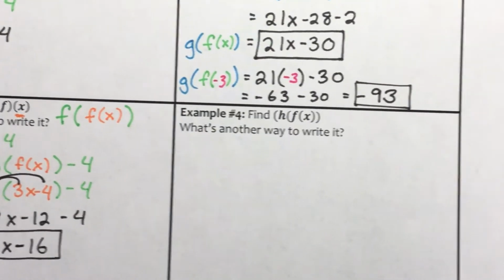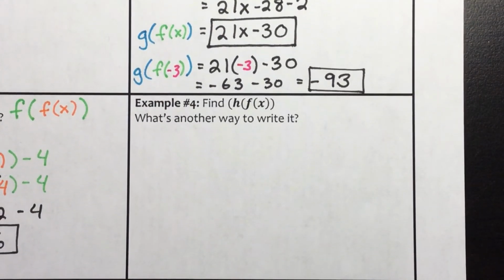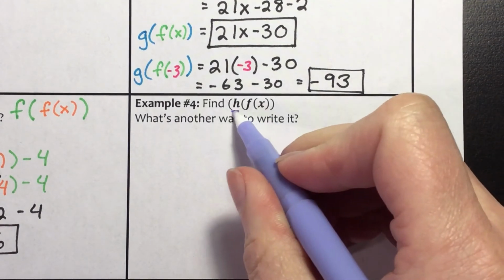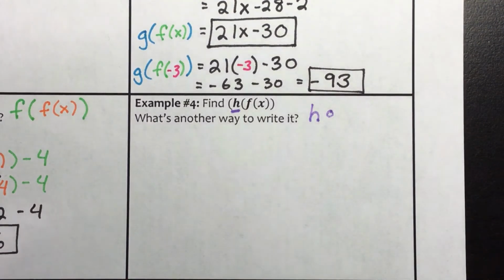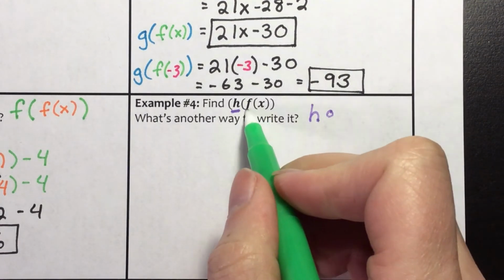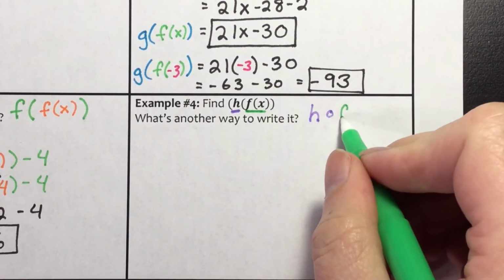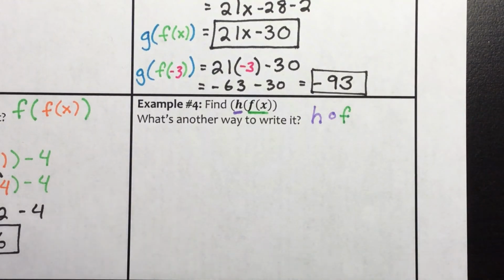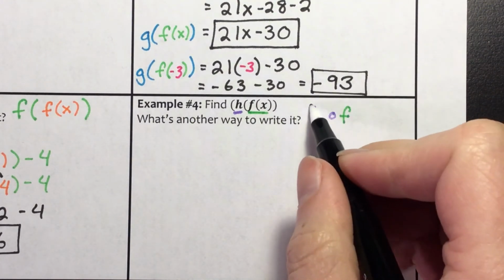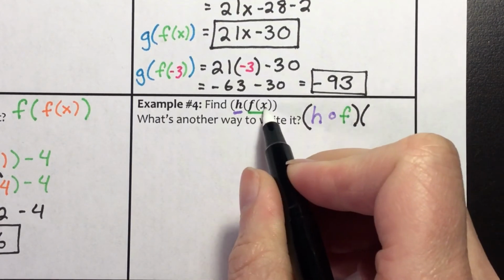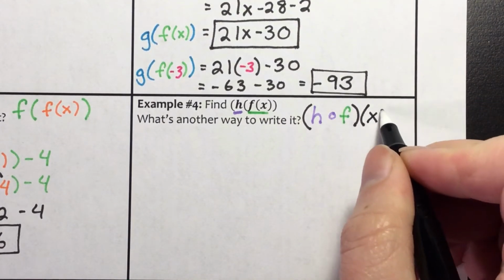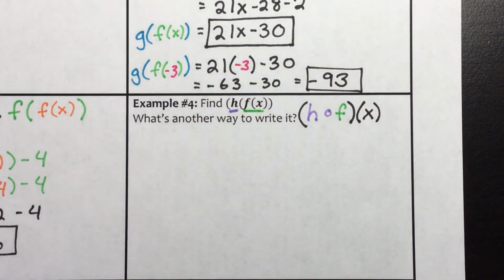Okay, last one in this set, we're doing h of f of x. So h is our outside function. It goes first, so we keep it first, h of. F is the inside function, so here's the f. Okay, and then x was what was plugged in, so that goes last like this.